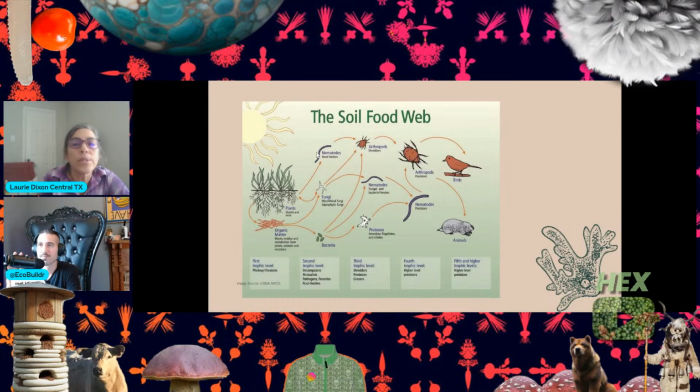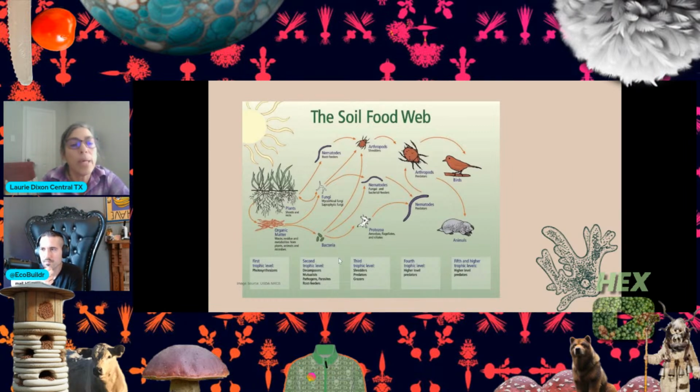So here's the soil food web. This is what we're going to be talking about. The soil food web is like any kind of food web: it's predator-prey relationships. They call it a web because when you're talking about those different trophic levels, the first trophic level is the lower life organisms.